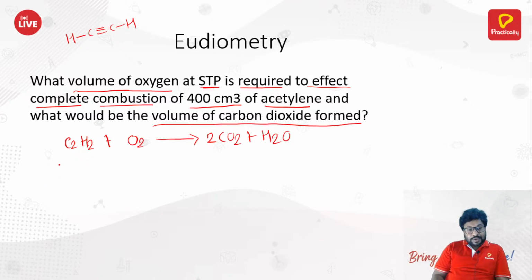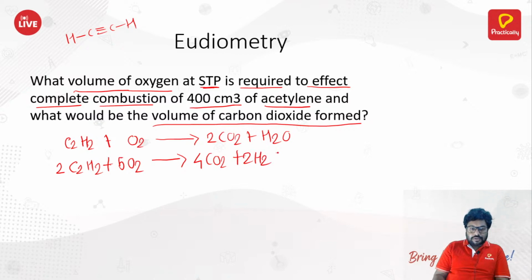That means 2 moles of C2H2 plus, now you're sure you get 10 oxygen atoms, that means 5 O2. So 2 C2H2 plus 5 O2 gives you 4 CO2 plus, how many hydrogens, 4 hydrogens, 2 H2O. So overall it's balanced.